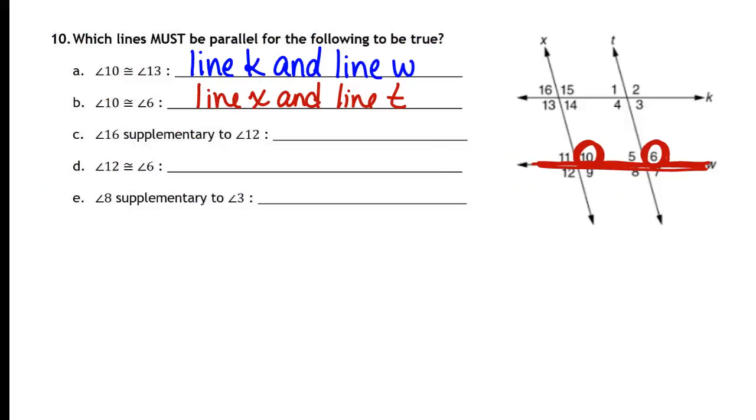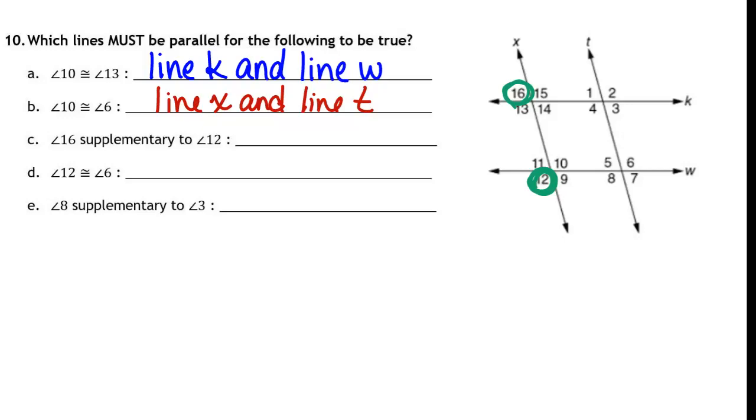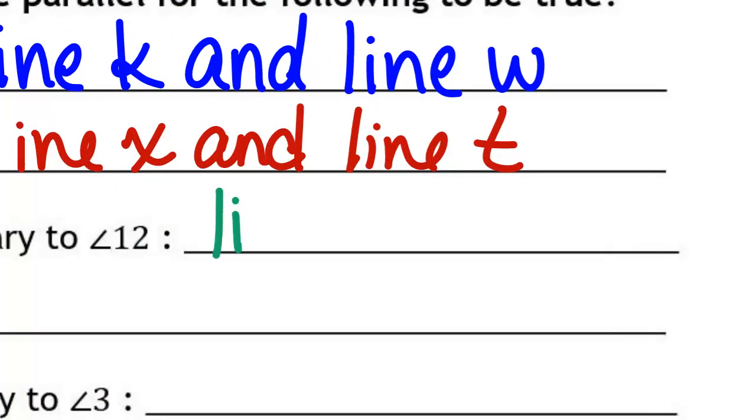Okay. 16, this one right here, is supplementary to 12. This one right here. What's the transversal that connects them both? X. So which two lines would have to be parallel? Line K and line W.